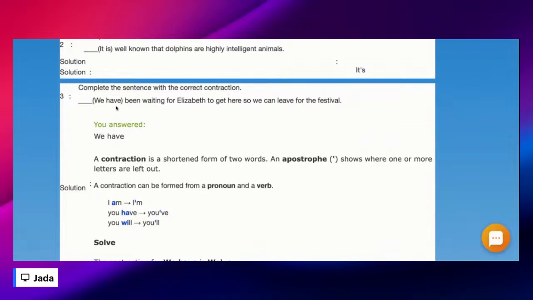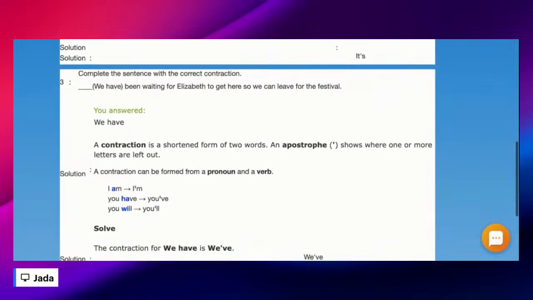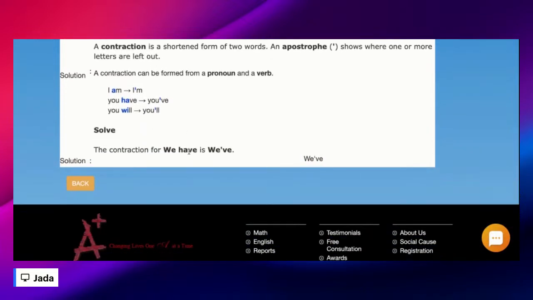Then we have we have. We remove the ha, and we have the shorter version, we've.